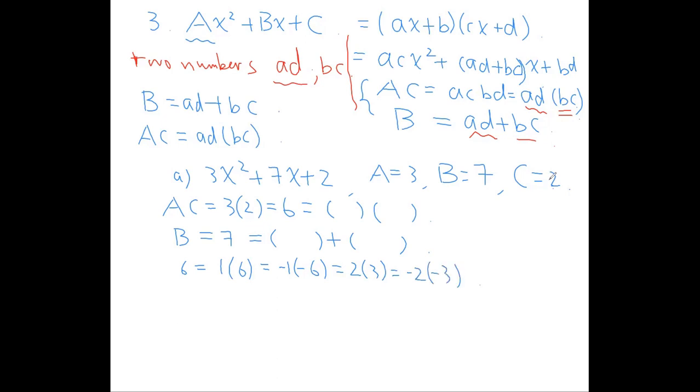They are the whole numbers with the product 6, right? Okay, here we need to find the sum of each pair. And since this is positive 7, so actually this is the right one. 7 equals 1 plus 6.